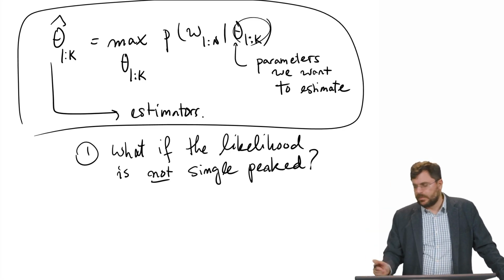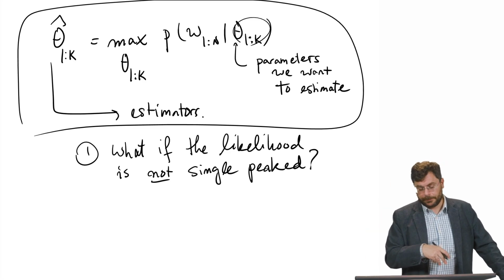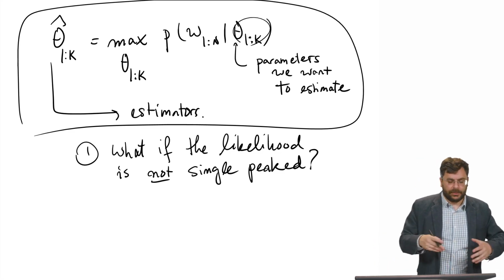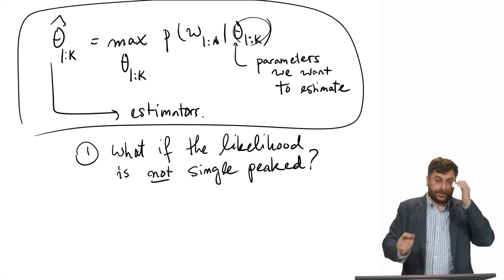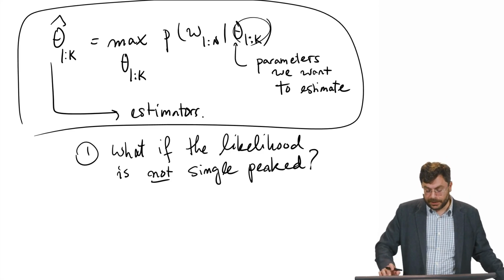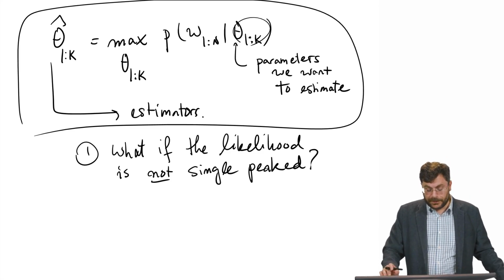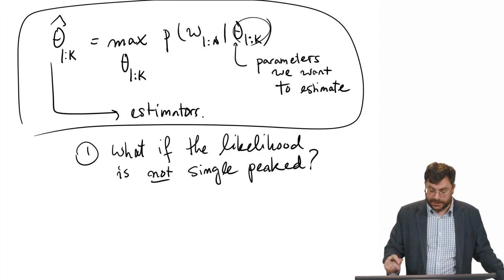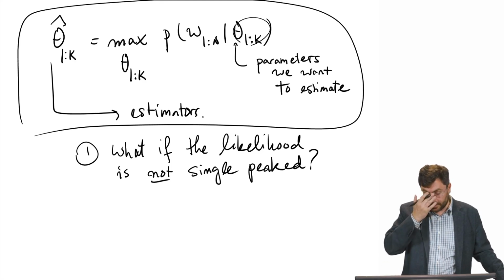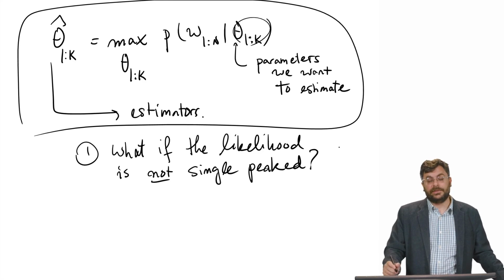That not only introduces computational problems because, when we start discussing algorithms for obtaining the maximum of a likelihood, the possibility that the likelihood may be multi-peaked in many dimensions is going to create a big mess. But there's something even more conceptually concerning about this first point.